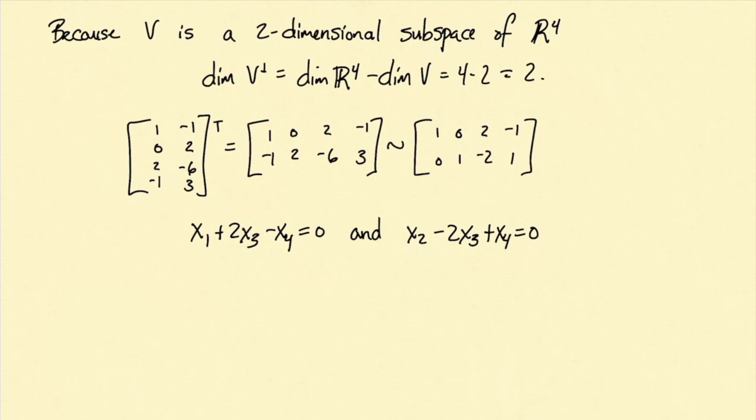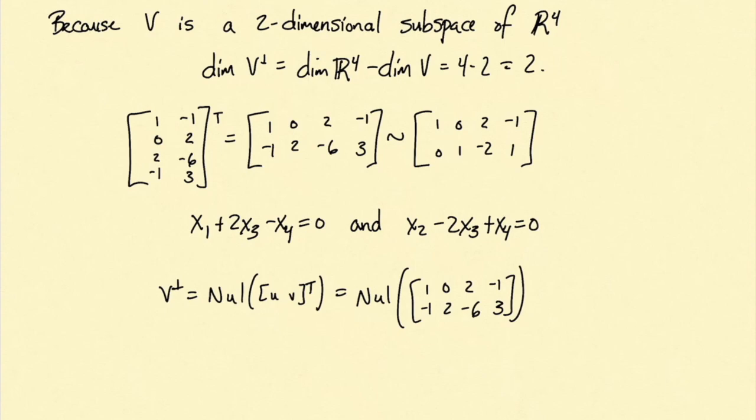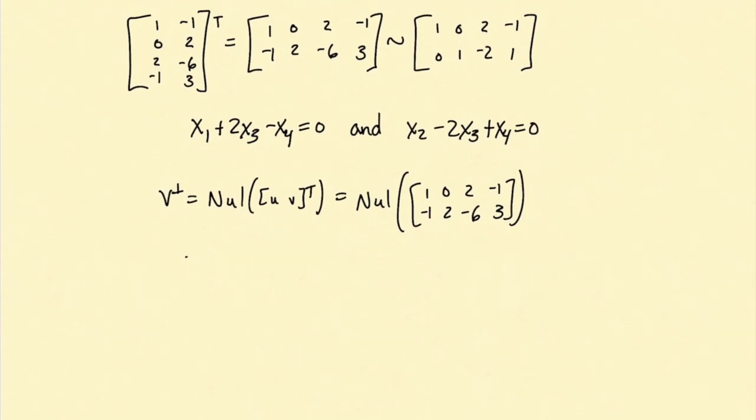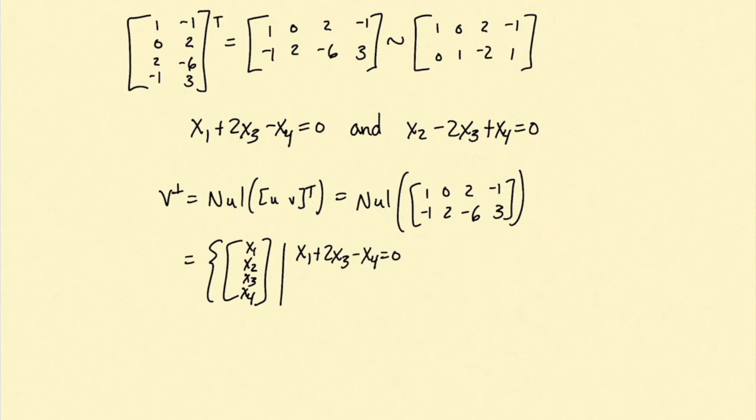Explicitly, V perp, which is the null space of this transposed matrix, is the set of four-dimensional vectors with coordinates x1, x2, x3, and x4, subject to the constraint that x1 plus 2x3 minus x4 is 0, and x2 minus 2x3 plus x4 is equal to 0, which of course we can rewrite as the two conditions.